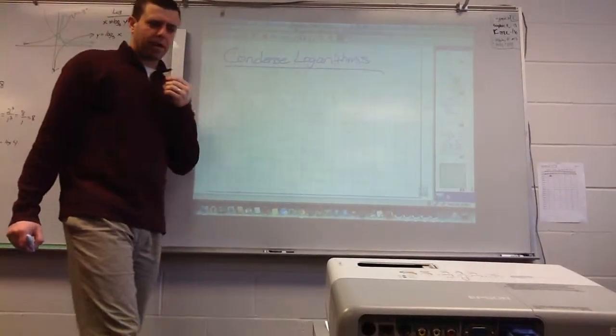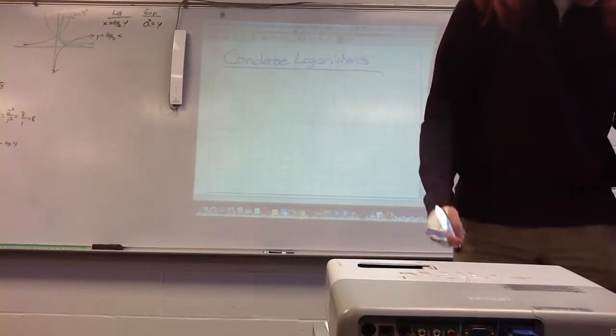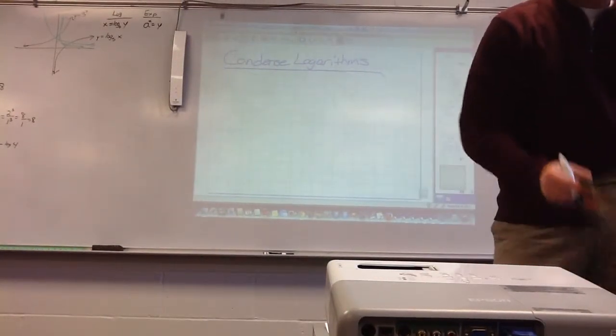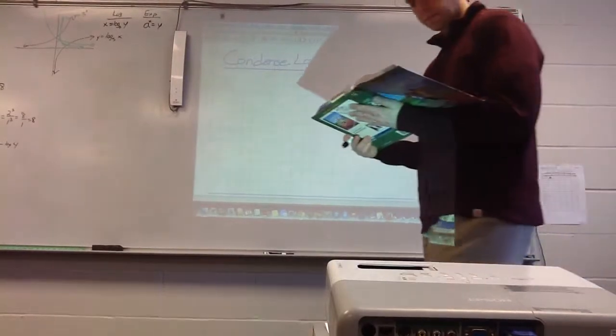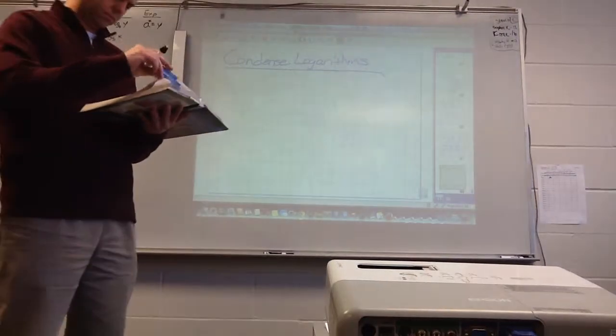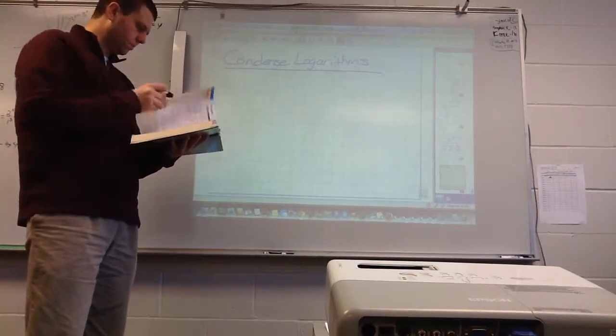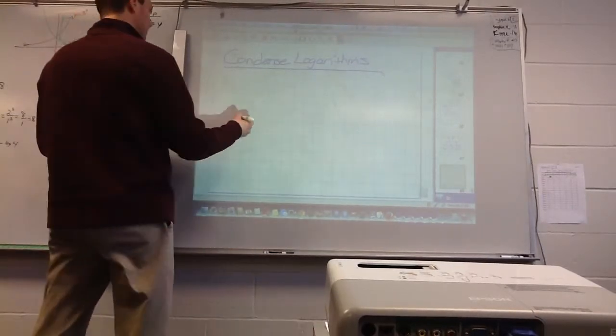Alright, then the last type of problem, instead of expanding, we're going to condense logarithms down to a single logarithm. I'll use numbers here first.